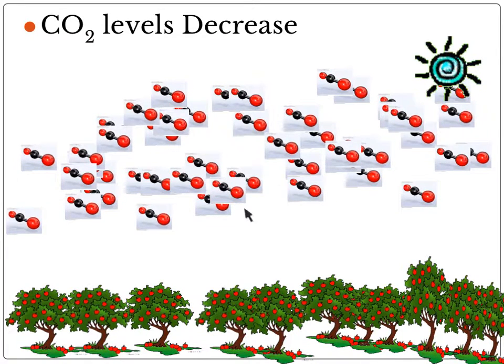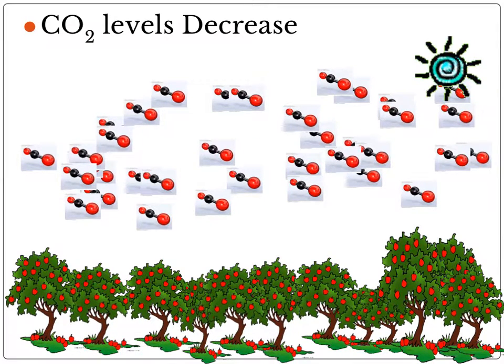So pay attention to these molecules here as we go along in this story. The trees are growing and there is less CO2 in the atmosphere. The larger that trees get, the more CO2 and H2O they take in. And so that gets stored in the tree. Right?